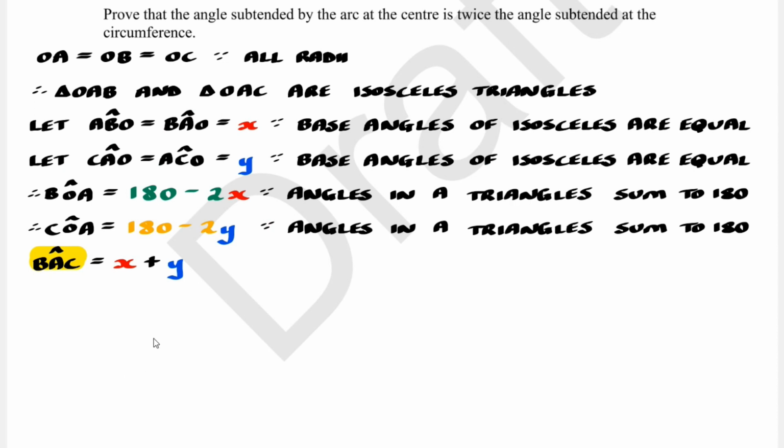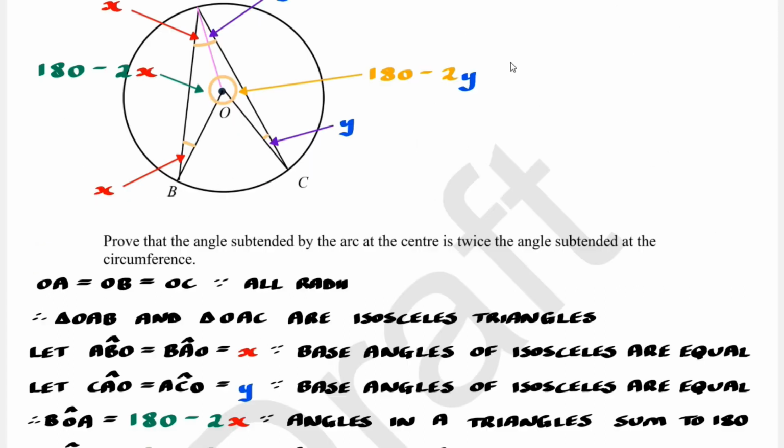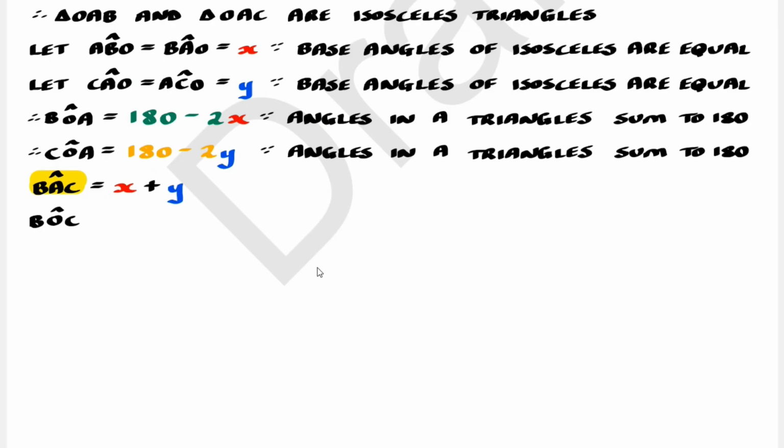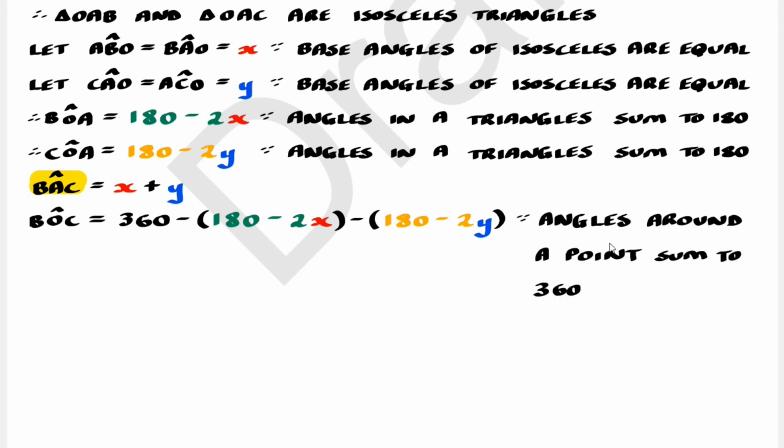And what we can now do is find out the angle BOC. That's this angle here. So, that's equal to 360 subtract 180 subtract 2x subtract 180 subtract 2y. The reason for this is angles around a point sum to 360.